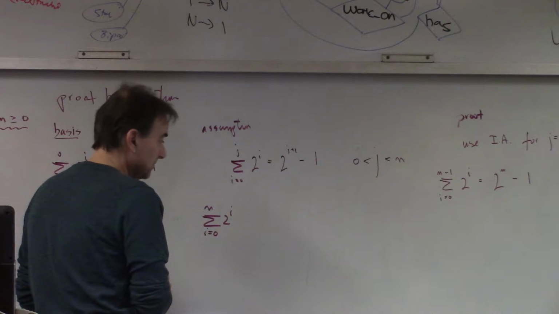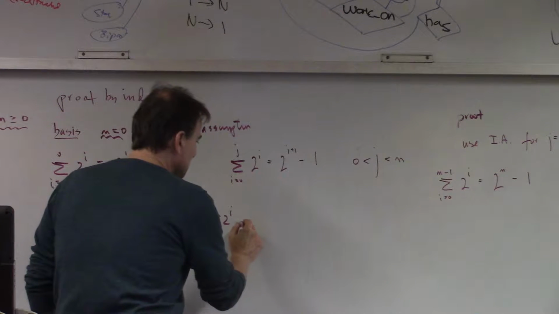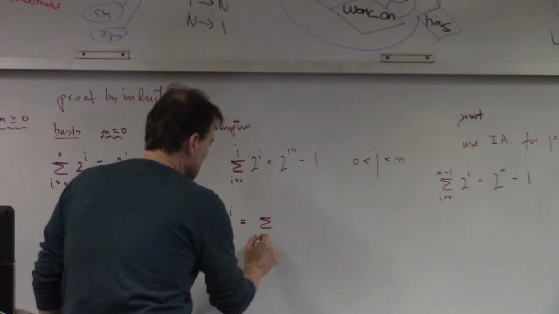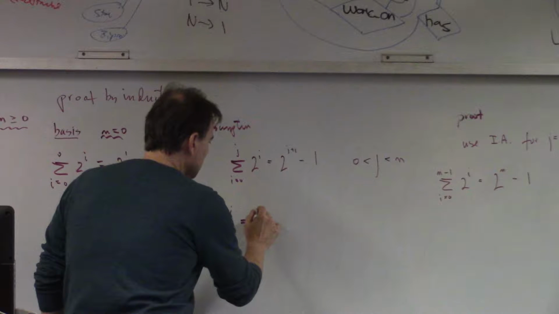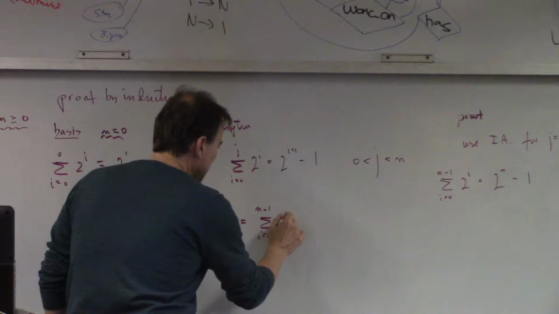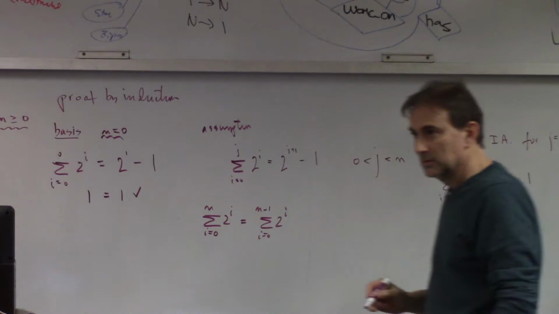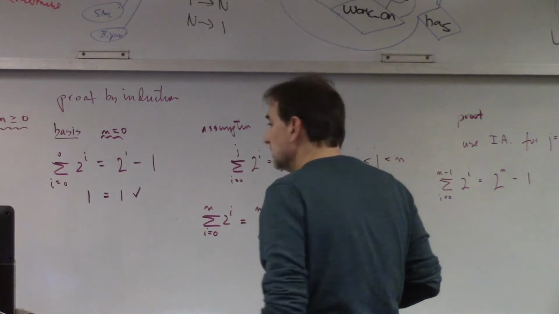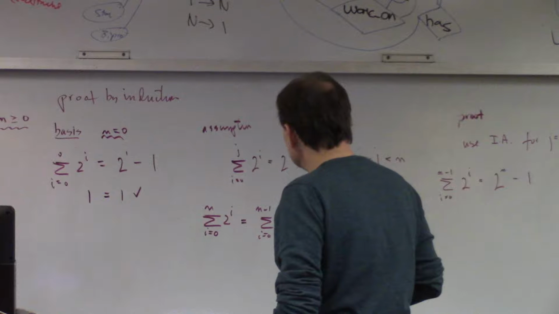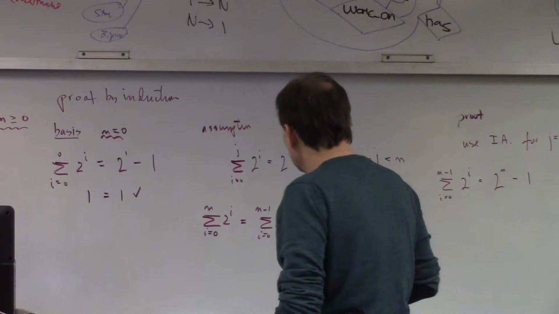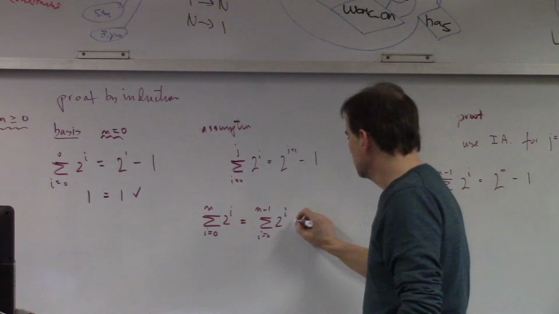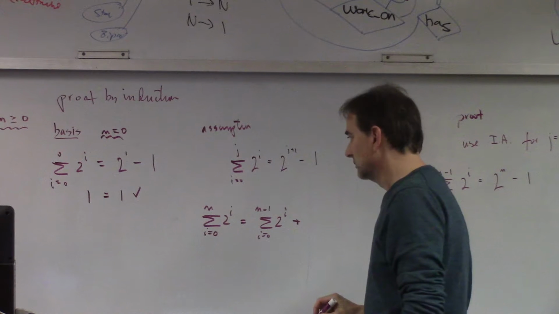is equal to the summation as i goes from 0 to n minus 1 of 2 to the i. But that's not really true. So I have to do something, what? What do I have to do? How do I make plus 2 power n?